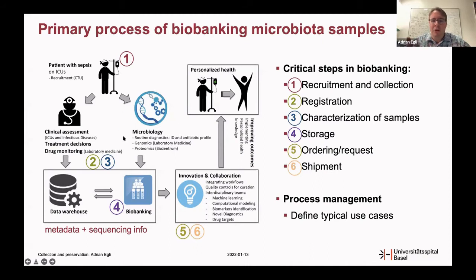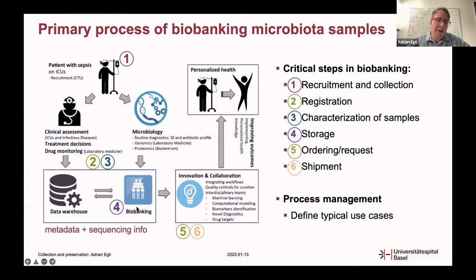It could be microbiological characteristics like the resistance profile I just mentioned. It could also be genome sequences of the microbiome. This data has to be stored in a structured way, normally in a so-called data warehouse, and this data is linked with the biobank. So that's the storage process.